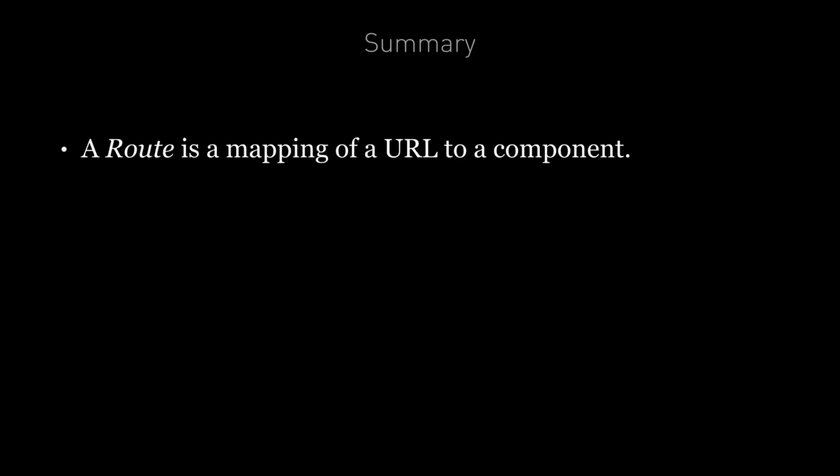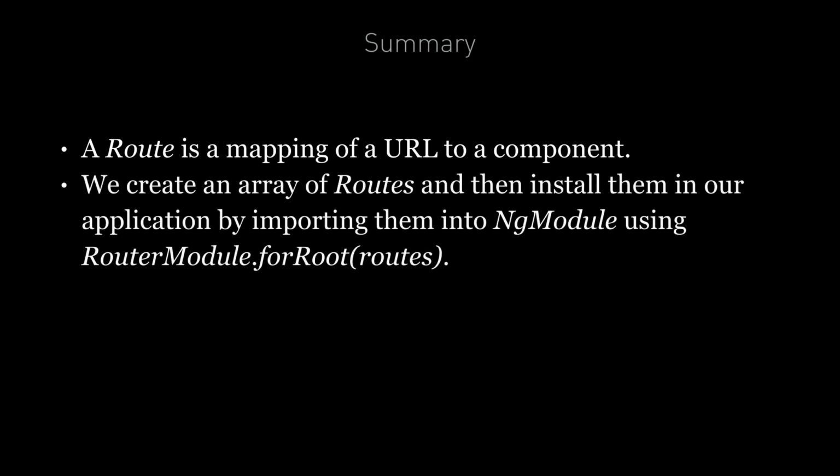So to summarize, a route in our application is defined by a mapping of a URL to a component or a redirect to another URL. We can create an array of routes and then install them in our application by importing them into our ng module using the router module for route function.